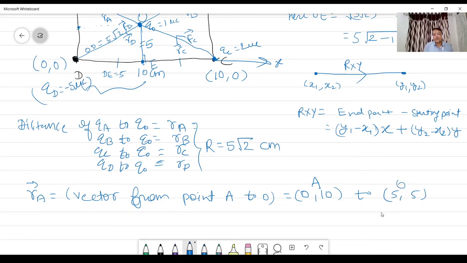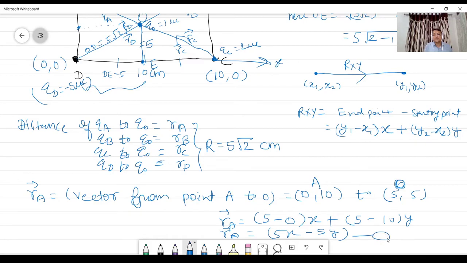So to find this particular vector RA, using the earlier notation, I can write the endpoint 5 minus starting point 0 in x, plus endpoint 5 minus 10 in y. So I get 5x minus 5y. This is vector RA, that is how I can find it. Let's say this is equation number 1. Similarly, you can also find RB, RC, RD.